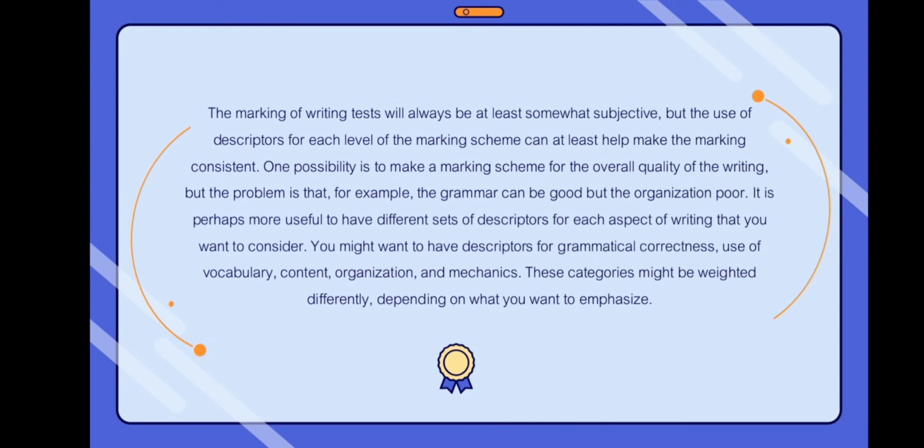One possibility is to make a marking scheme for the overall quality of the writing, but the problem is that, for example, the grammar can be good but the organization poor. It is perhaps more useful to have different sets of descriptors for each aspect of writing that you want to consider.